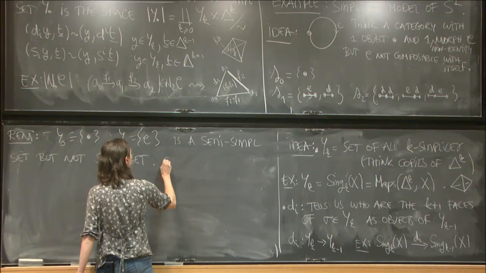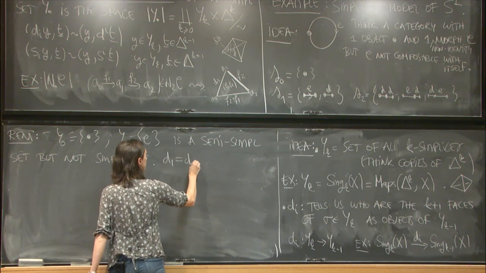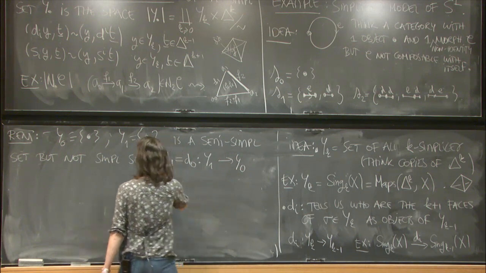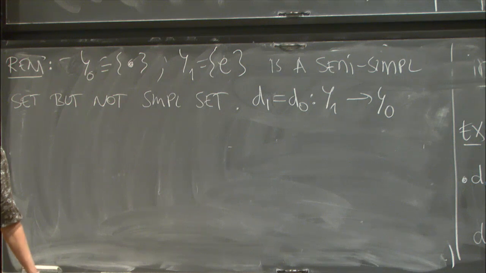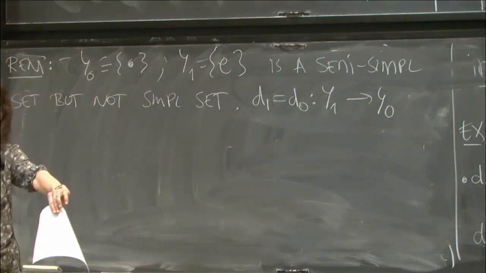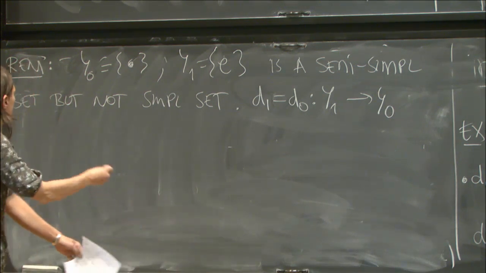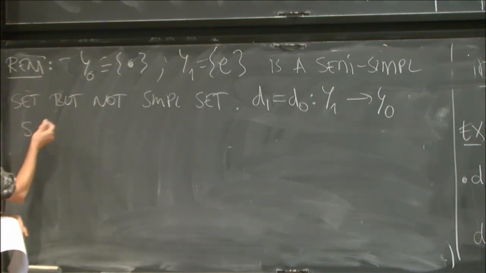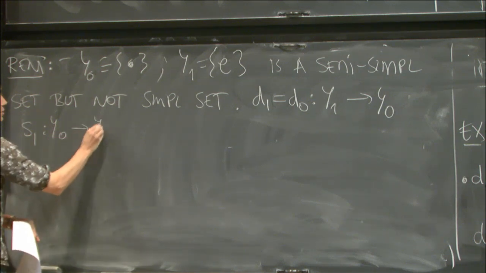I can define D1 equal to D0 from Y1 to Y0 to be, it's a set with one point only, so there's only one map, so I make them equal. This is like the zeroth boundary of my E. This looks like a circle, it's a good start, but what about my SIs? I could do S0 from Y0 to Y1, this is fine.